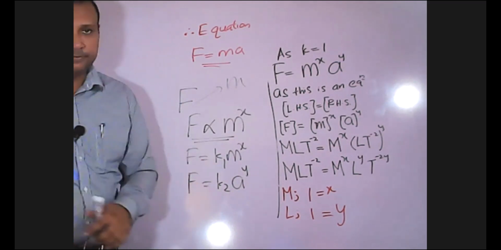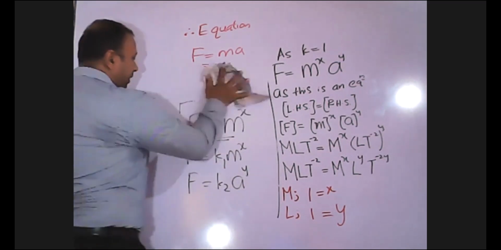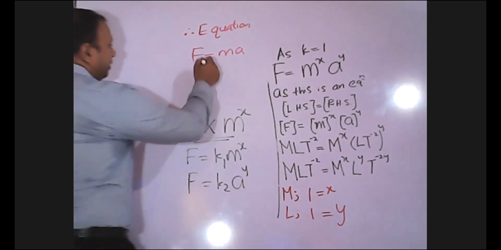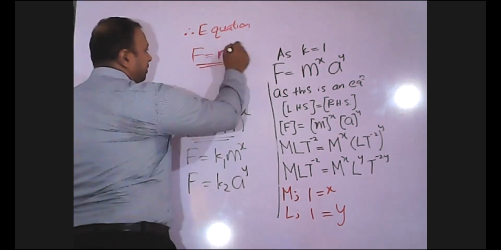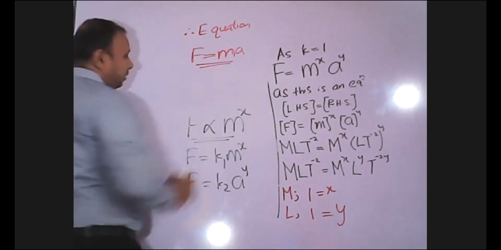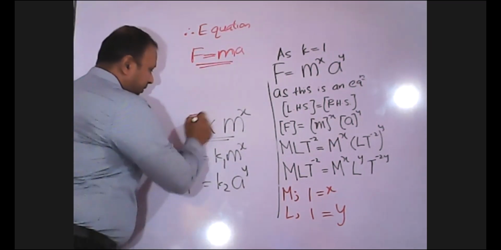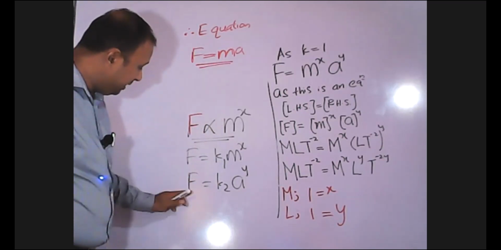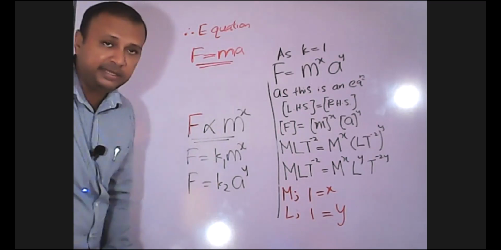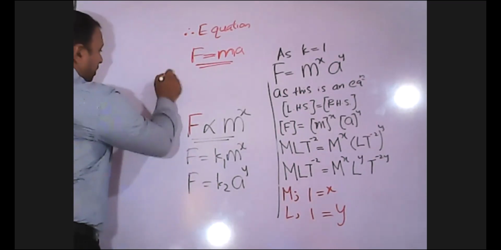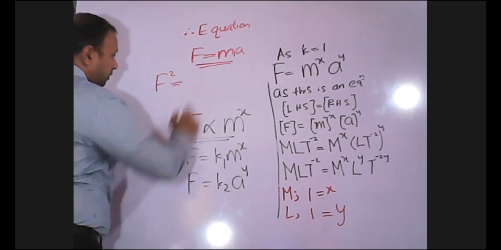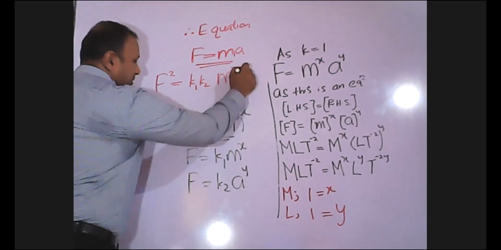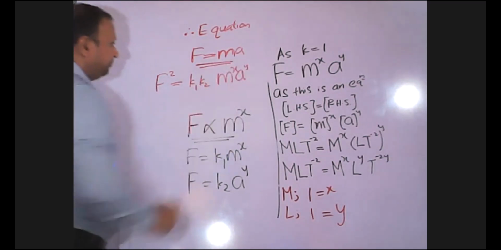Your argument is correct. It is not wrong. But look at this. You can multiply each side. So F squared is equal to K1 K2 M to the power X A to the power Y.